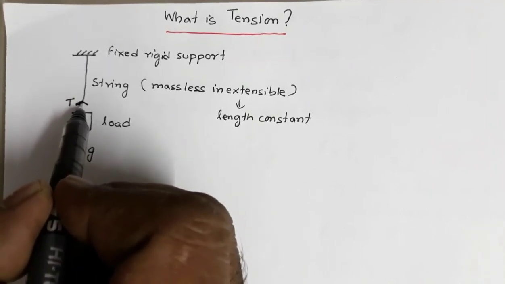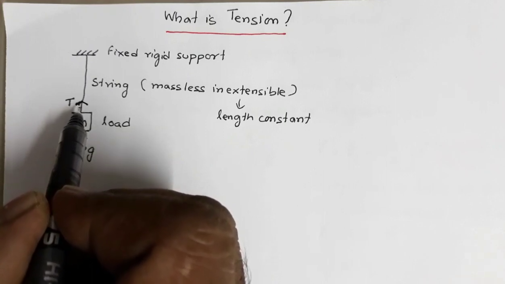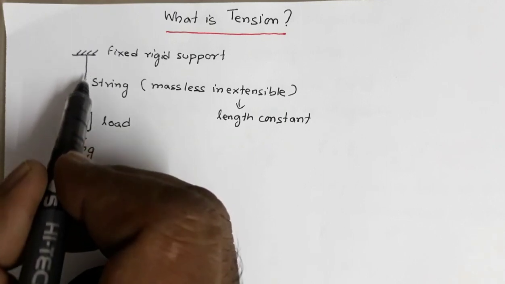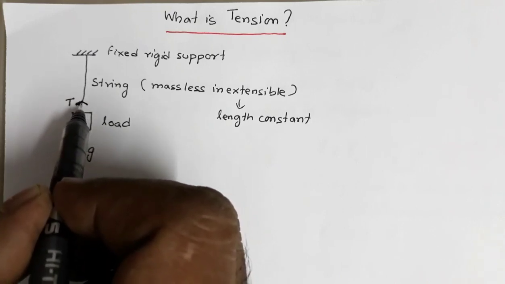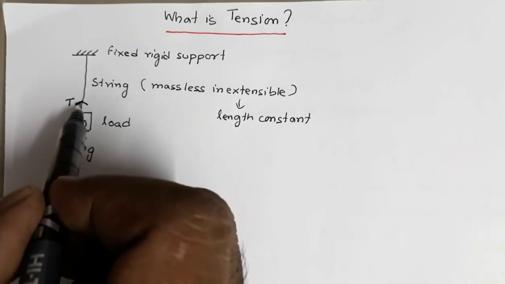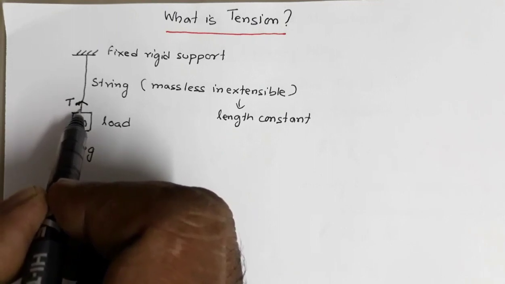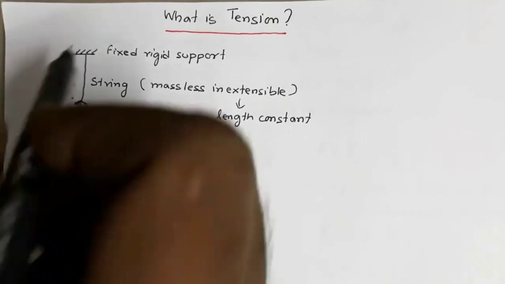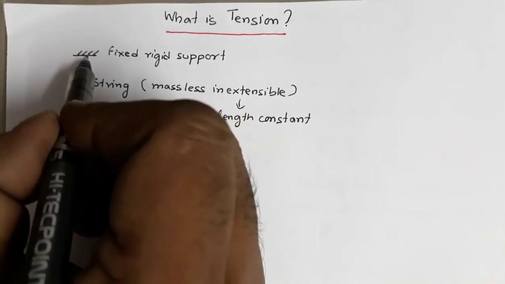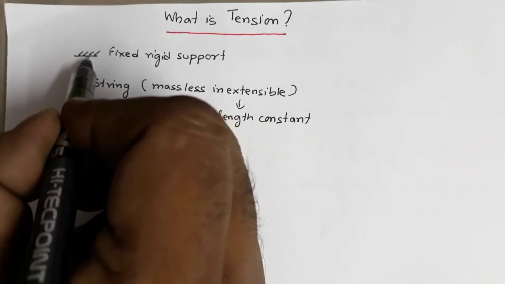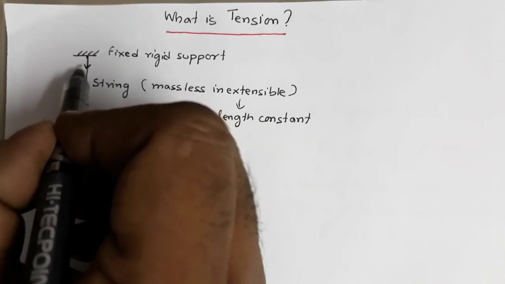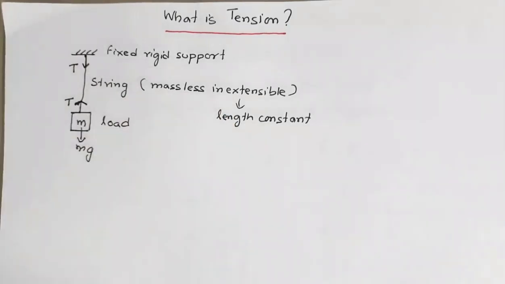So tension is the force exerted by string on bodies connected to it. Okay, you can call it a reaction force also. So this tension, in this case, is acting away from this load. Similarly, at this point the string is pulling this fixed rigid support in the downward direction, so at this point the direction of tension will be in the downward direction.